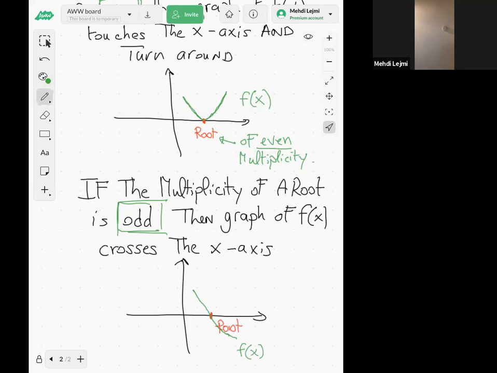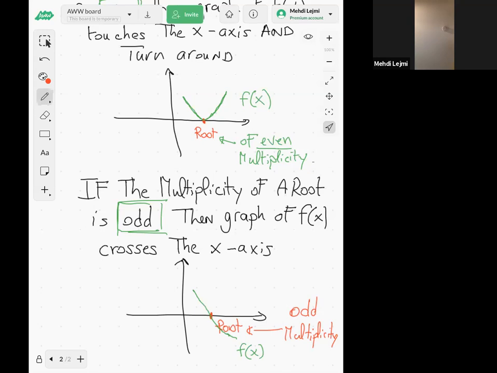Again, this is because the multiplicity of this root is odd. So you see why this multiplicity is useful, guys. It's going to help us with graphing the polynomials.